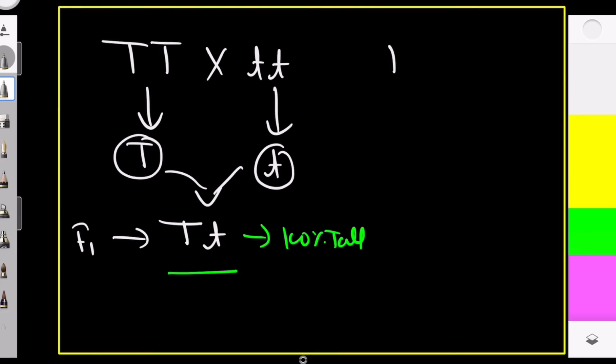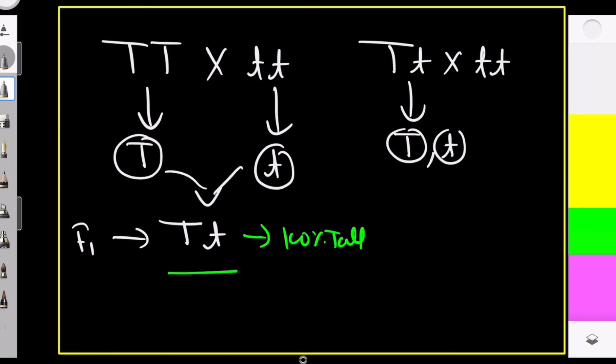Now take another situation. Let's suppose you have a heterozygous genotype, capital T, small t, and you cross it with homozygous recessive. Here you are going to see the formation of two types of gamete, capital T and small t.